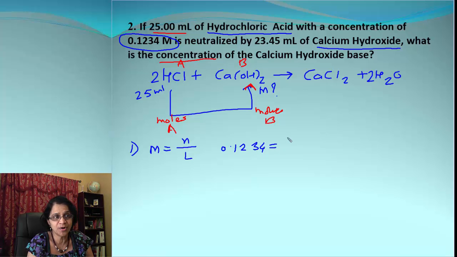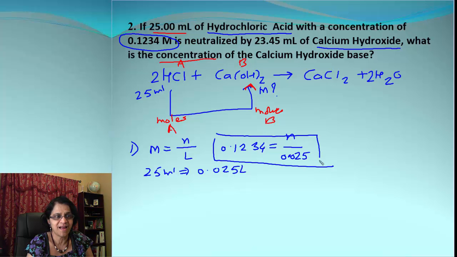We need to get the number of moles, and the volume is given, 25 milliliters. 25 milliliters equals 0.025 liters. So when we plug that value in, we get an equation, and if you solve for n, that comes out to be 0.00309. Those are the moles for A.